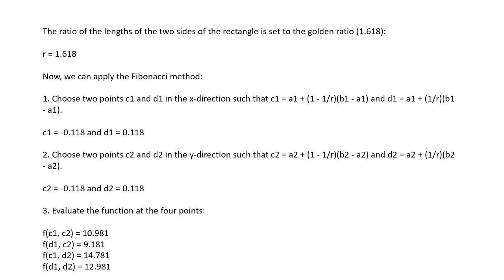The only difference is that instead of taking fn by fn minus 1, I have taken fn minus 1 by fn, I have taken 1 by r, and similarly for y, we calculate c2 and d2, and we get the values of c2 and d2. Similarly we evaluate the function at 4 points: f of c1 comma c2, f of d1 comma c2, f of c1 comma d2, and f of d1 comma d2.